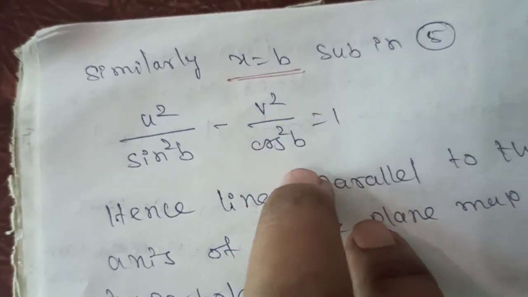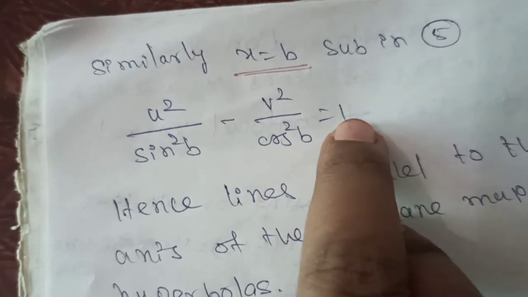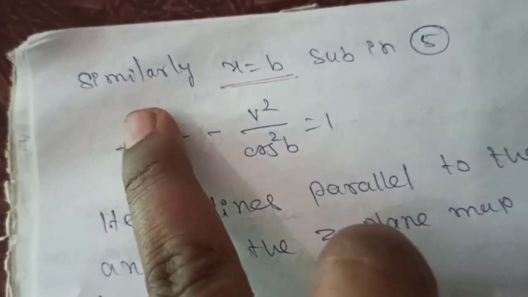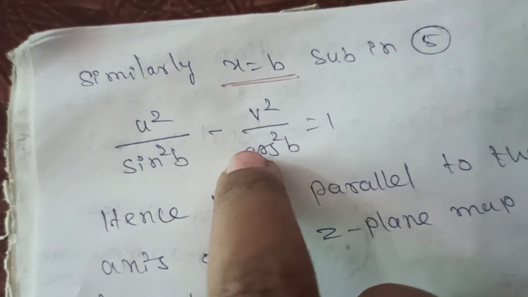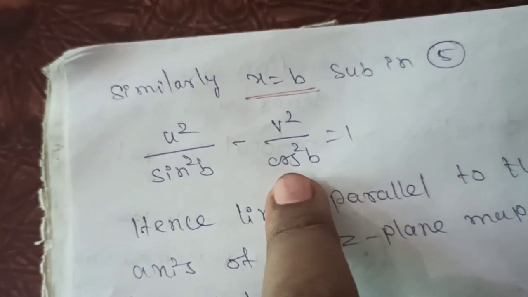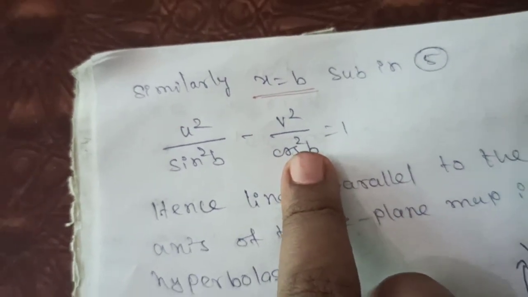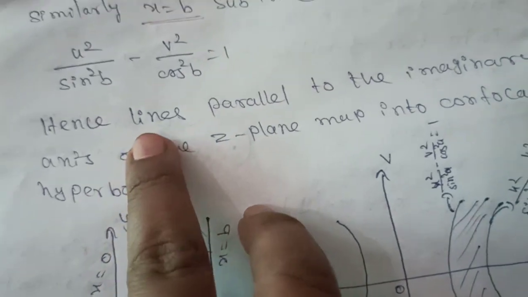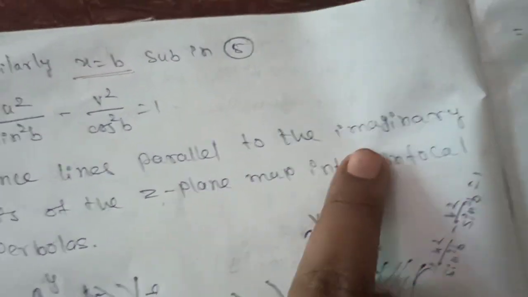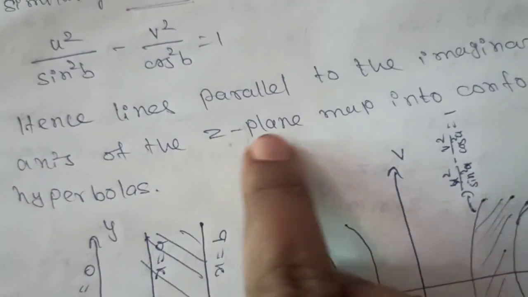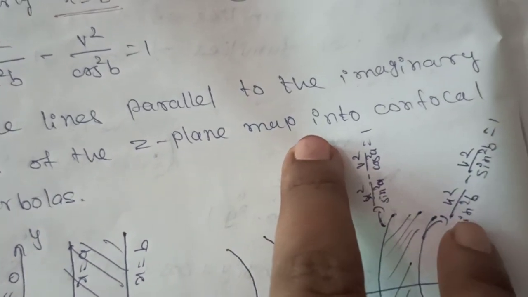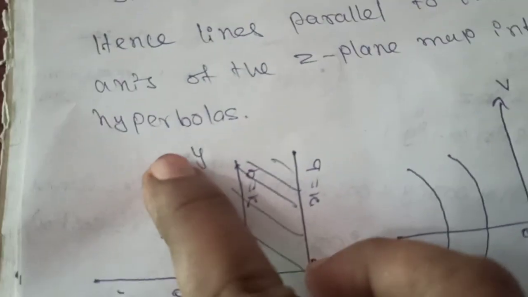So v square divided by cos square b is equal to 1. Okay, so this equation also represents the equation of a hyperbola. Hence the lines parallel to the imaginary axis of the z plane map onto confocal hyperbolas.